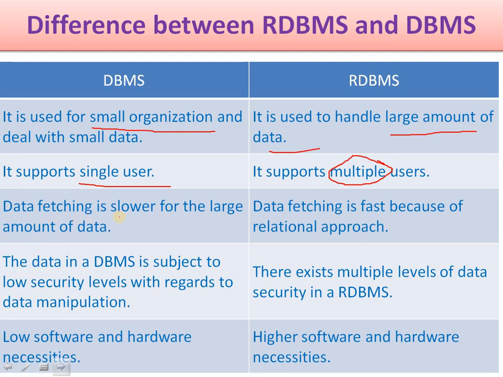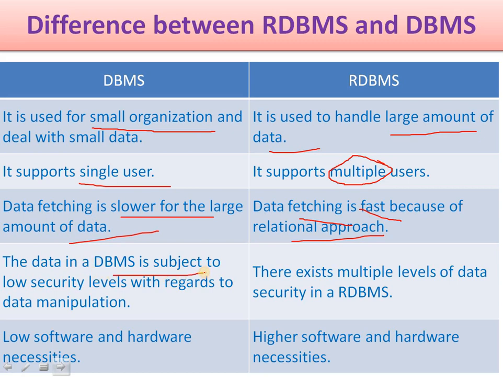DBMS fetching is slower for a large amount of data, but relational database fetching is fast because of the relational approach, because every piece of data is connected.